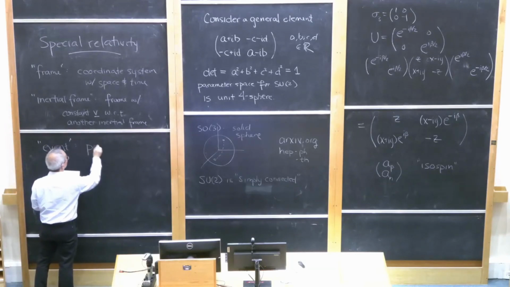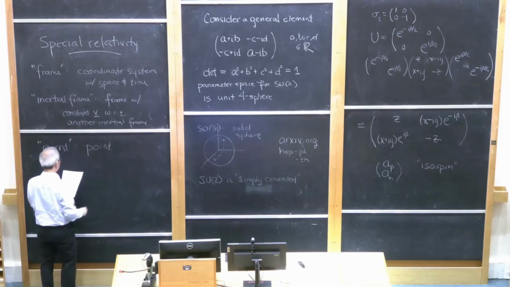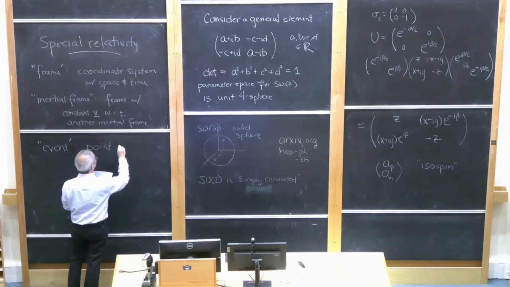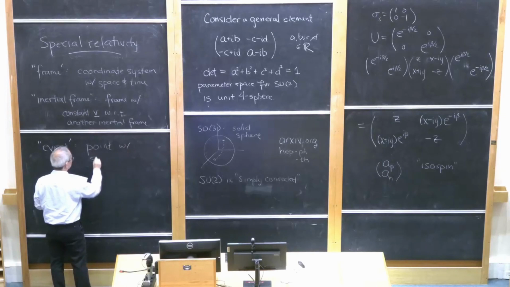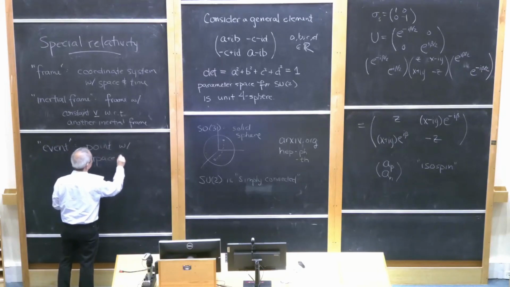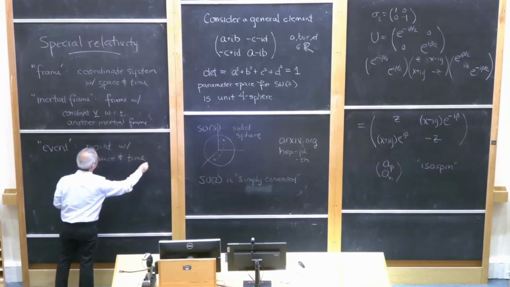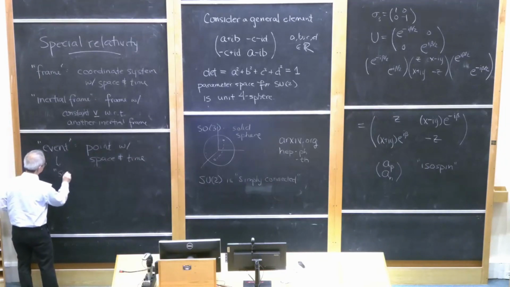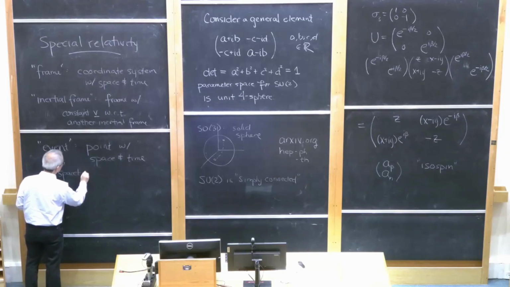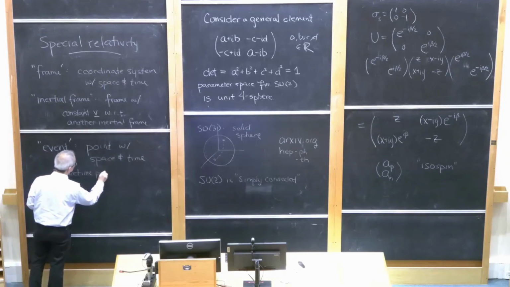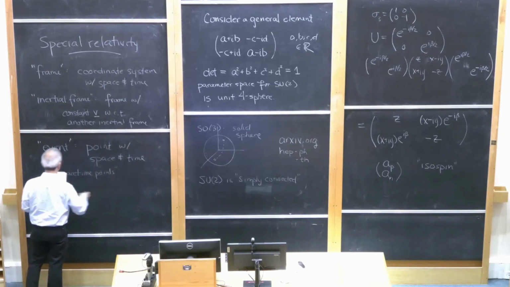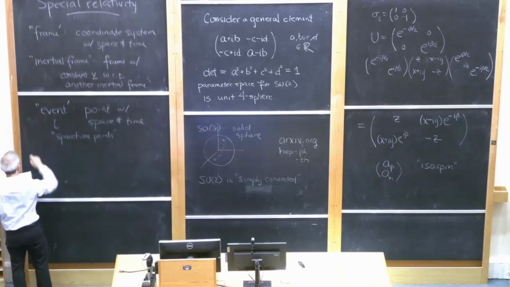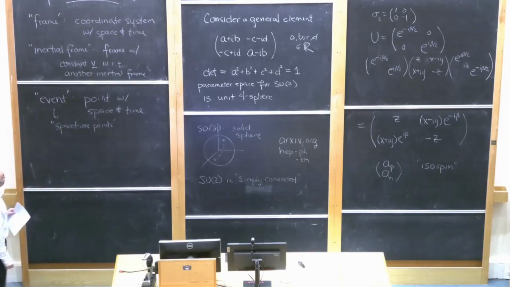We will now talk about what an event is. This is a point, but it's a point with space and time. Sometimes we will talk about these as space-time points, which I find a little easier.